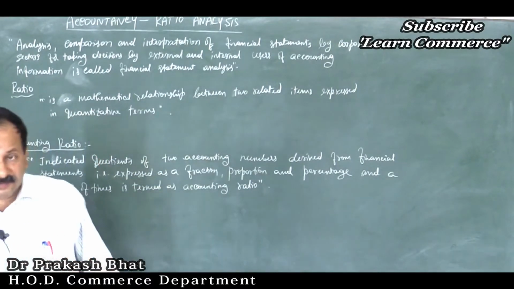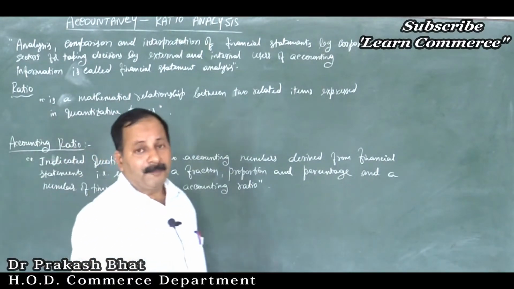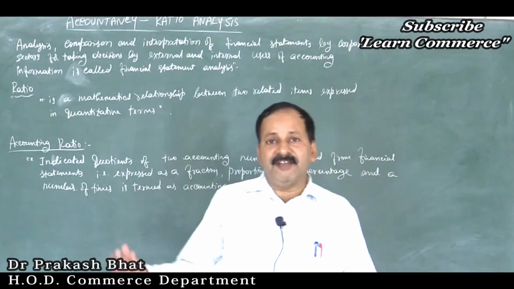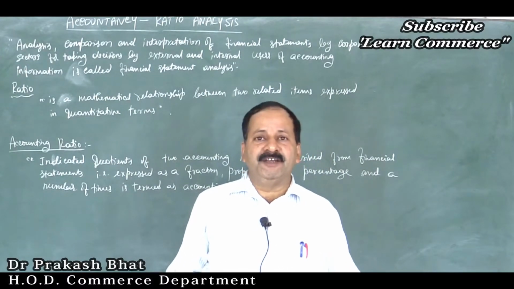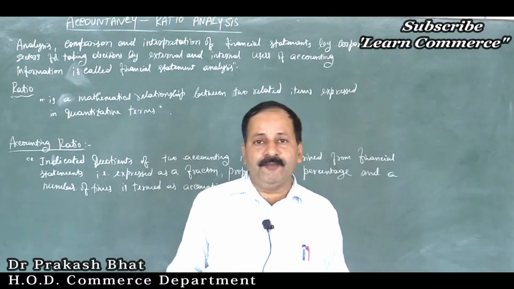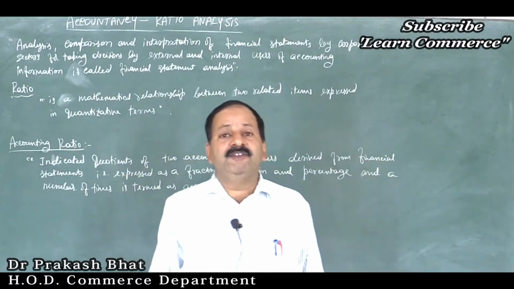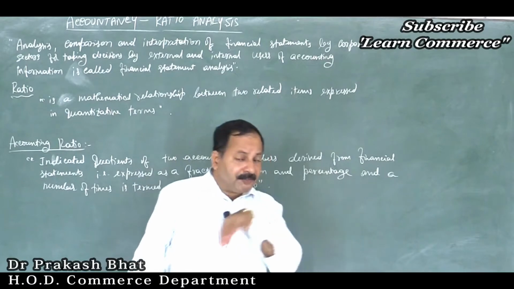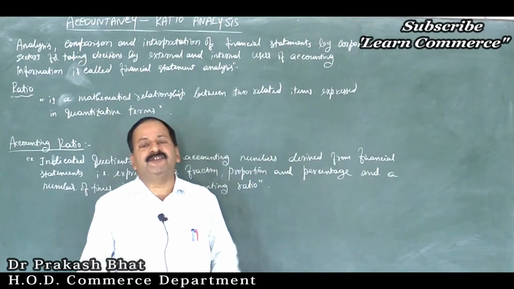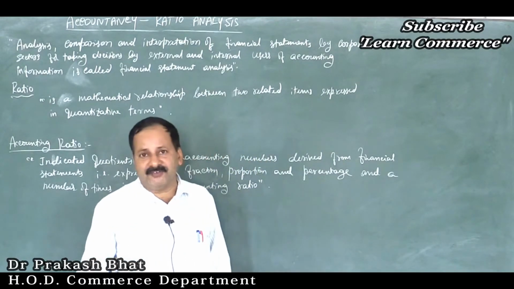Even the scores of the students in the board exam, we take it as a percentage. What is your percentage? 90% plus, isn't it? 85% plus, distinction, first class, 60% above. When we reduce it to a percentage, it is very easy for us to know the performance of the student.